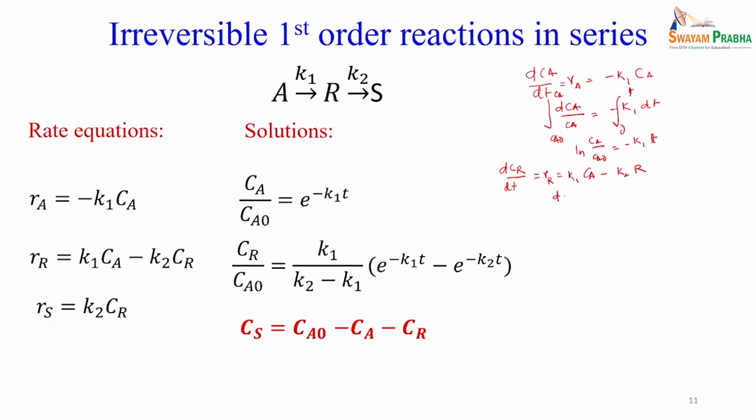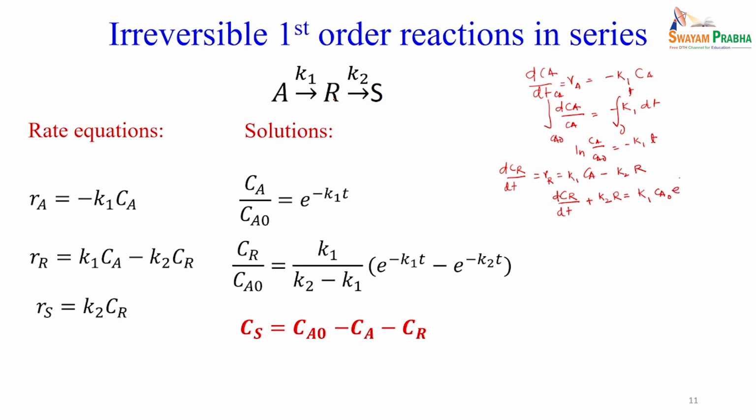So, it will be like dCR upon dt plus k2 R is equal to k1 CA, and CA we can write from here. CA is CA naught e to the power minus k1 into t.